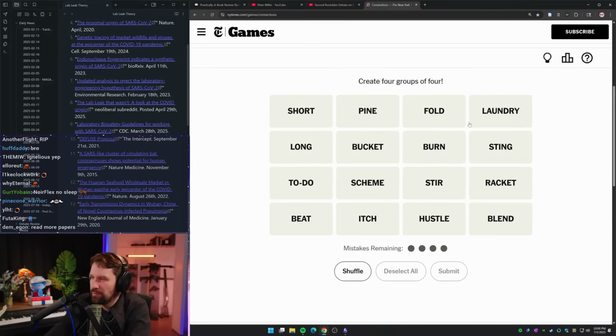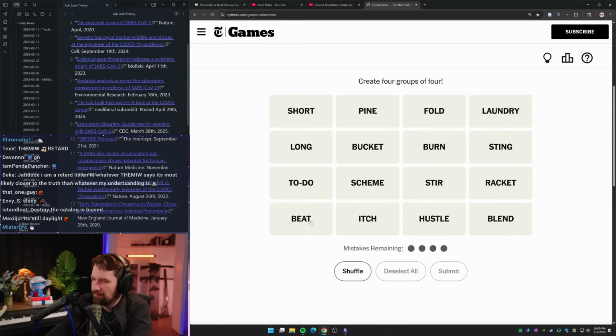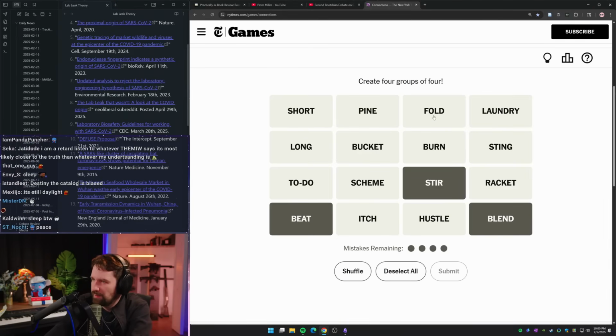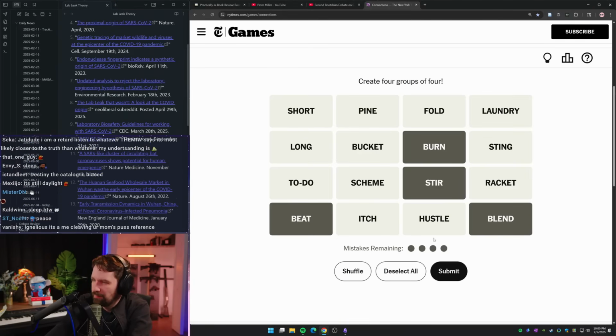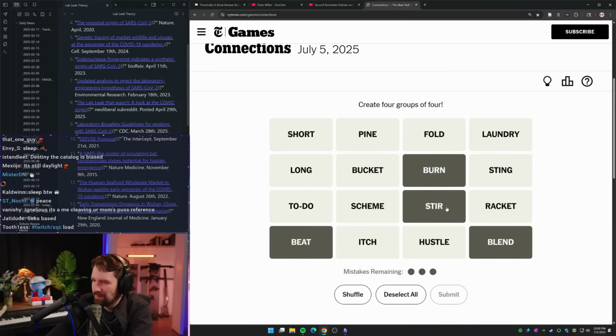Short, pine, fold, laundry, long, bucket, burn, sting, to-do, scheme, stir, racket, beat, itch, hustle, and blend. Things that you can do to a bread. Damn it. You can blend it, blend things, or not bread, whatever.